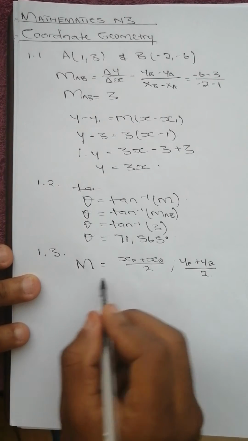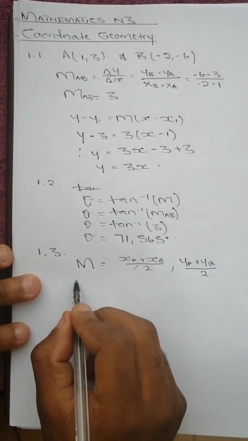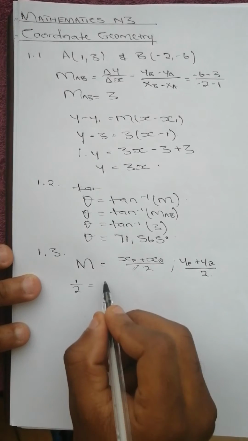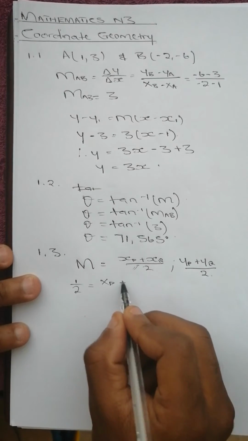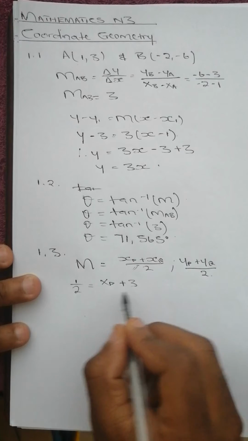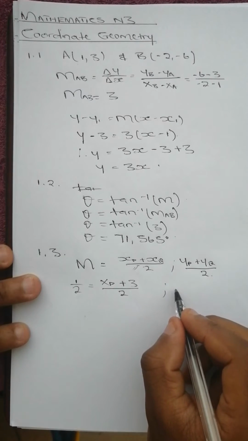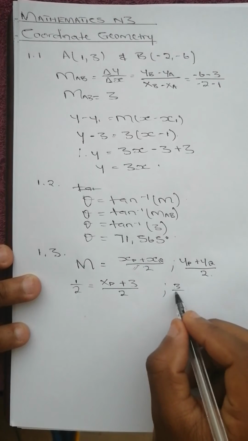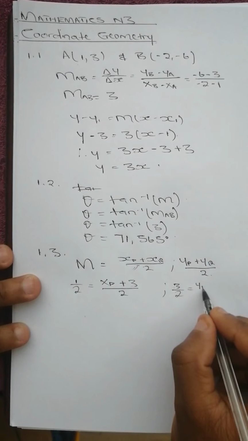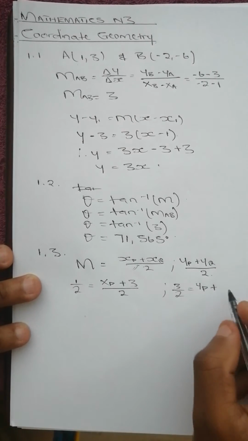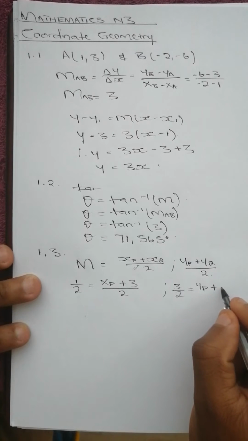For the x part, we have 1 over 2 equals x_P plus 3 over 2, and here we've got 3 over 2 equals y_P plus negative 1 over 2.